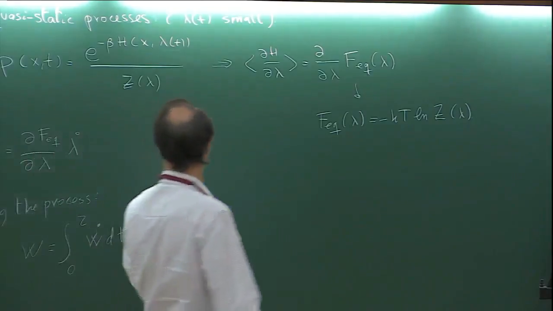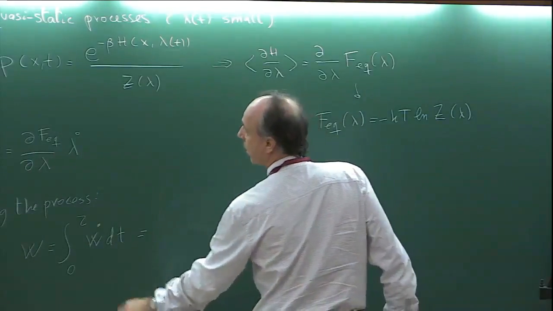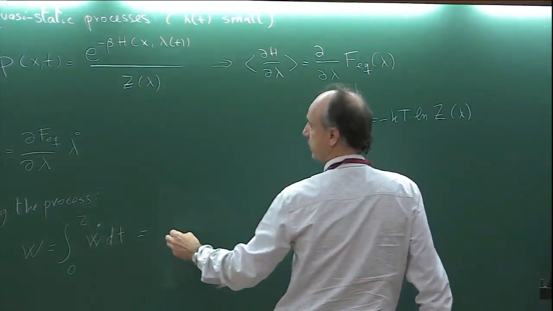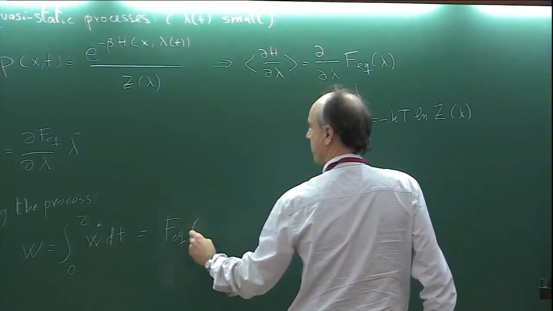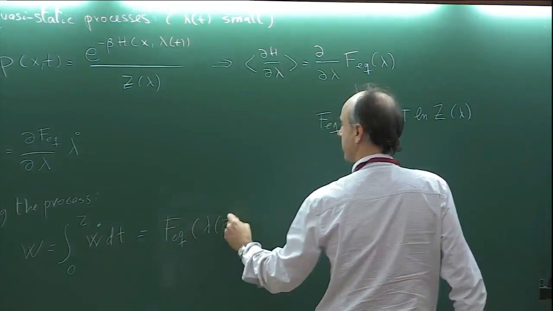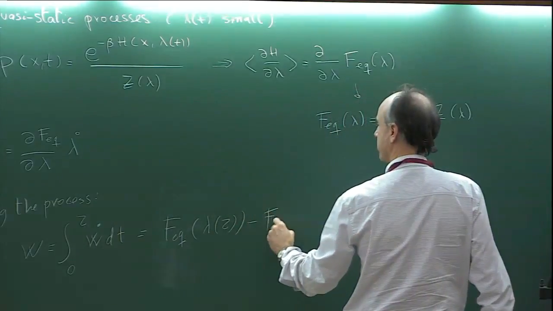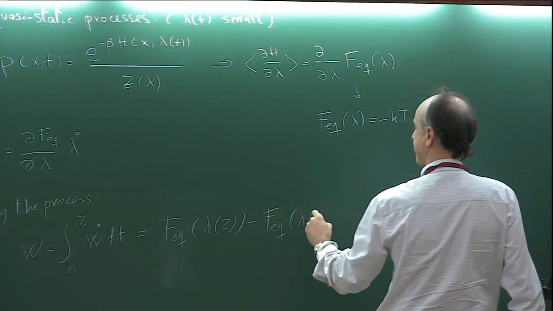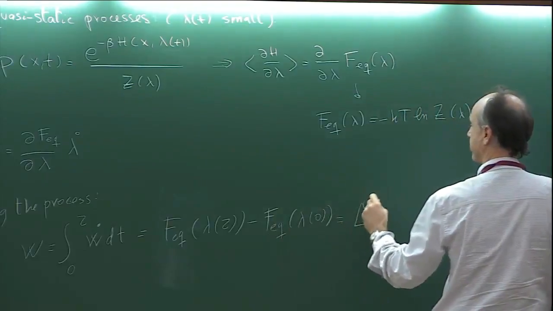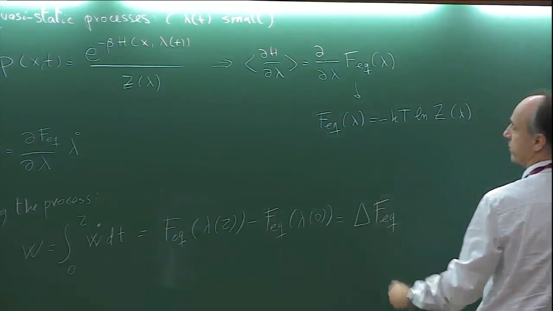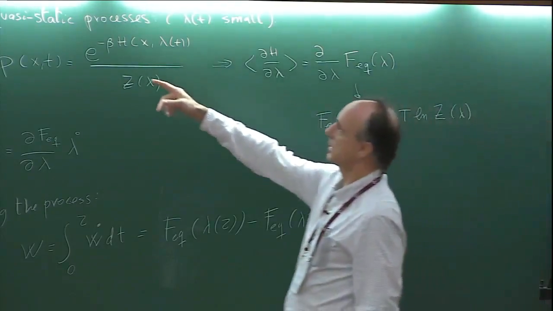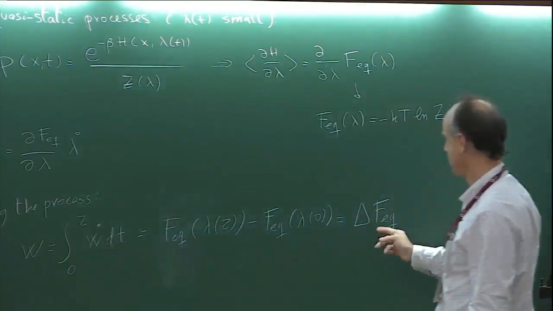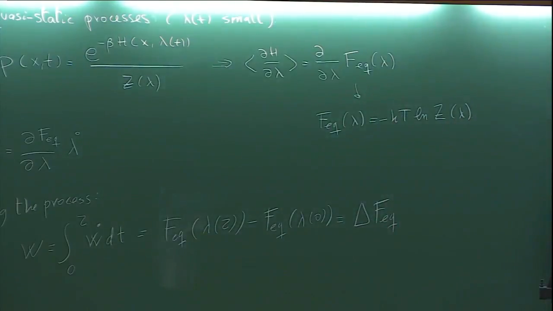Because it's an exact differential, you find that this is the equilibrium free energy at the end minus the equilibrium free energy at the beginning. So this is the quasi-static reversible process: work is equal to the delta free energy.